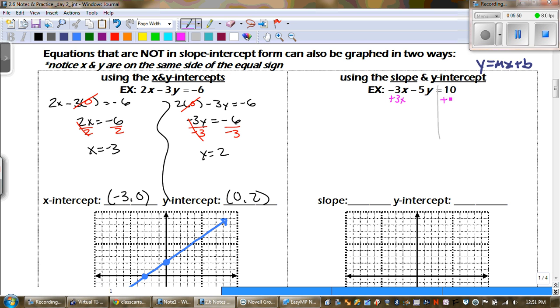We add 3x, we add 3x, we get negative 5y equals 3x plus 10. Okay. And then the very last thing to do would be divide by negative 5.